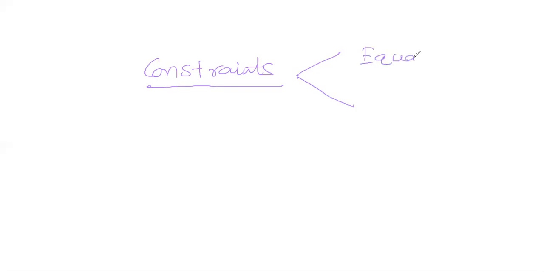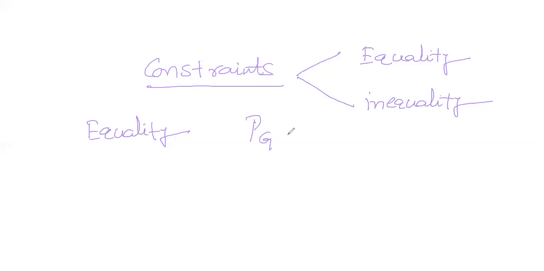One is called the equality constraints and the other one is called the inequality constraints. The equality constraint is nothing but the load flow equation or power flow equation, or generally we write it as the power balance equation.